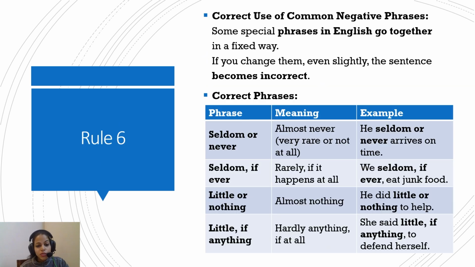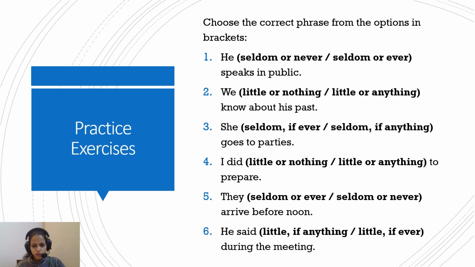So it should be seldom or never because they are both close to no, or seldom if ever. Again, if ever shows that it's almost never. Similarly, little or nothing means very little or almost nothing. And little if anything means if there is anything, it is so small that it's questionable. So that's how you can try to remember these phrases.